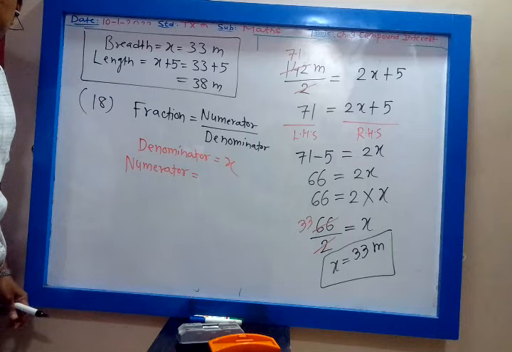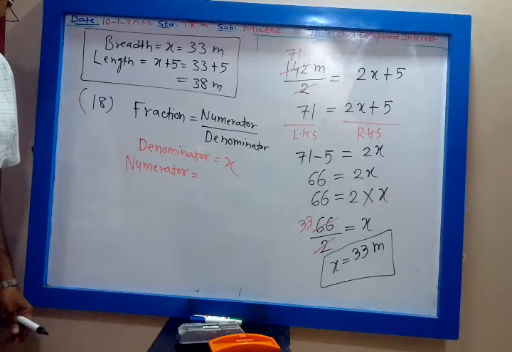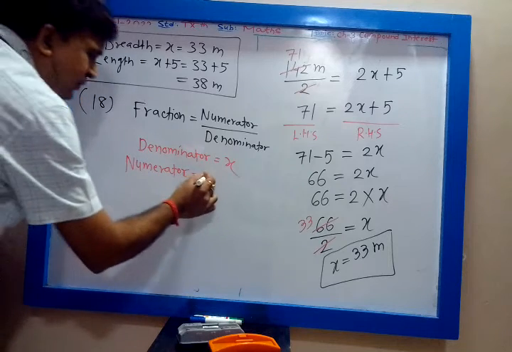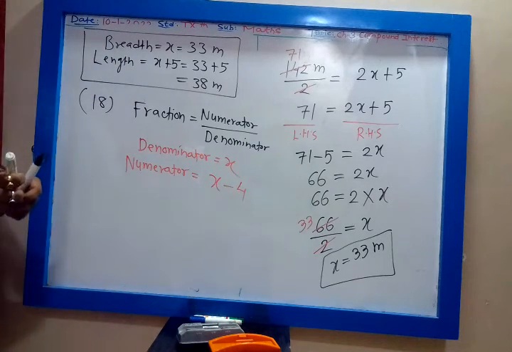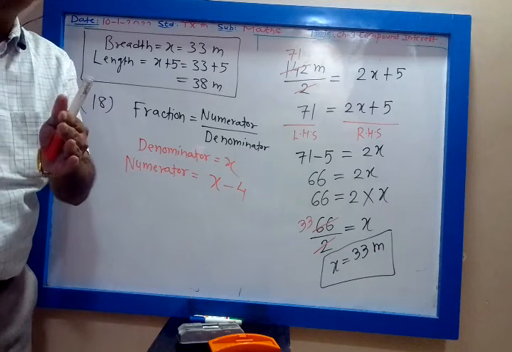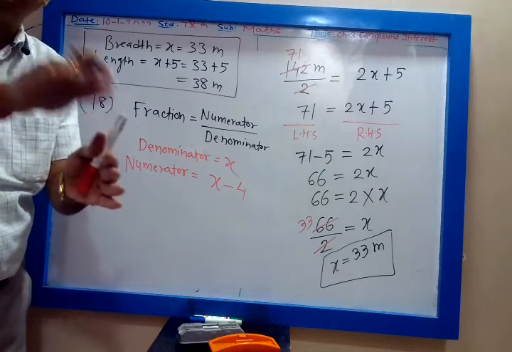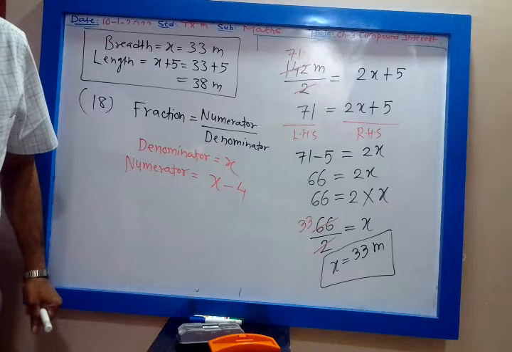Not 4 minus x, my dear. Again you are making a mistake. 4 less than denominator, so from denominator I will subtract 4. X minus 4.